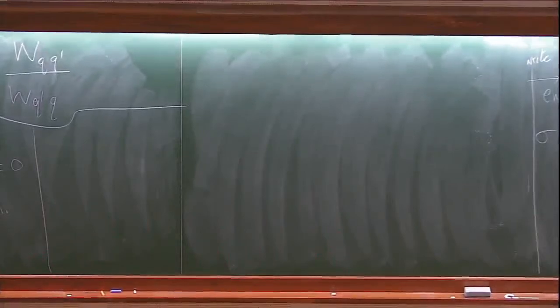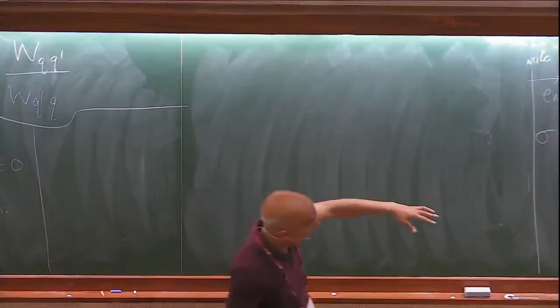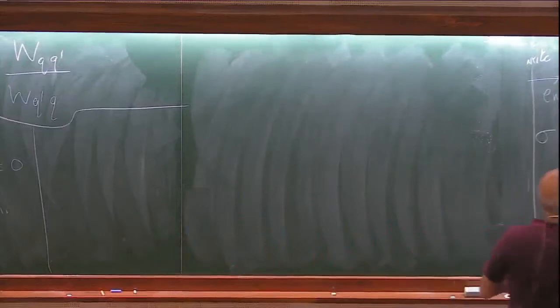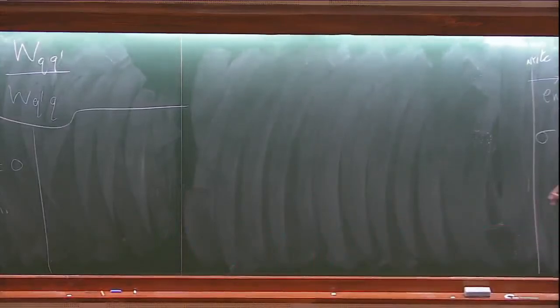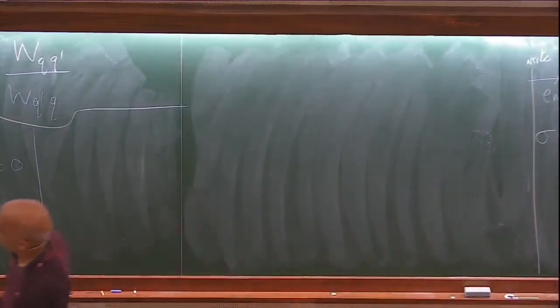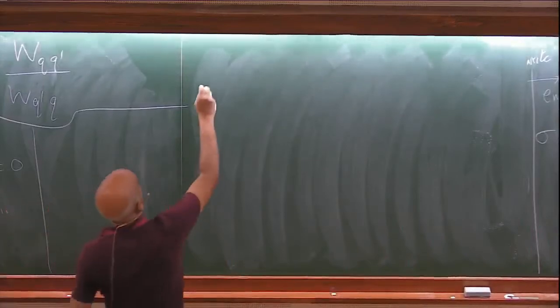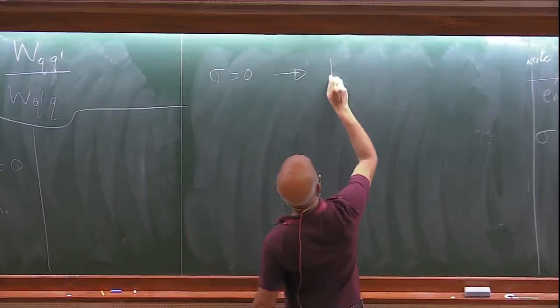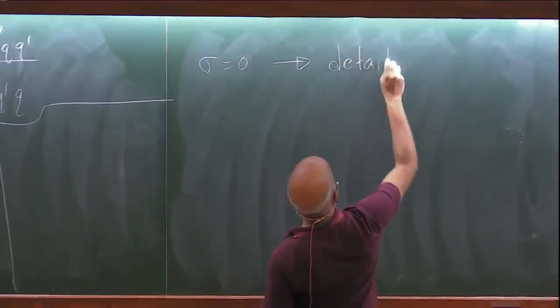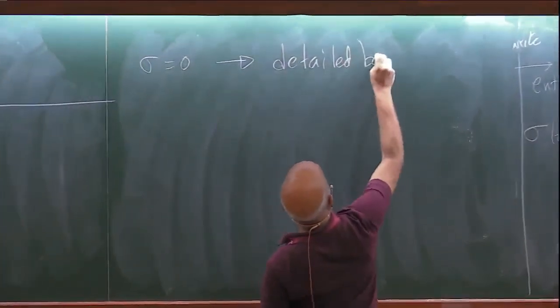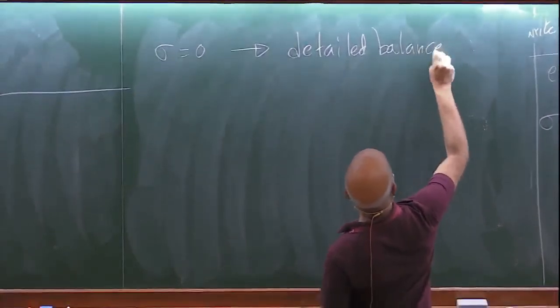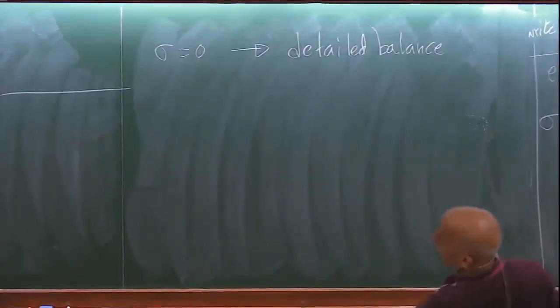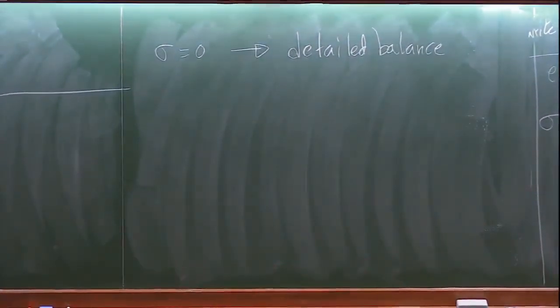We've discovered the special class of steady states, which we could have guessed at from the beginning, but which have been given an added significance. So sigma equals 0 gives you the condition that is known as detail balance. You know that condition just by looking at our starting point, which I've rubbed out.